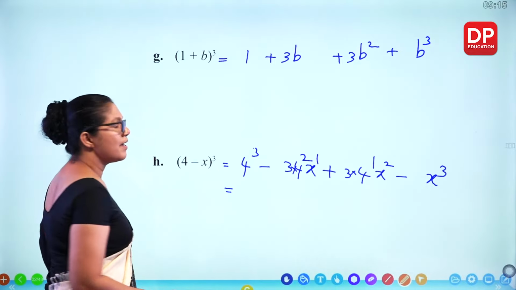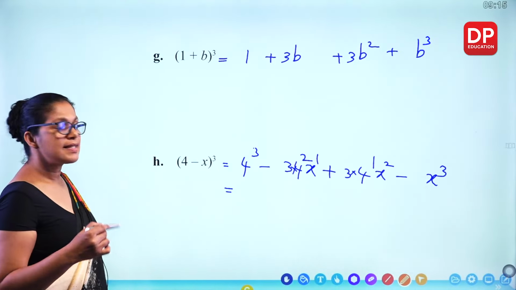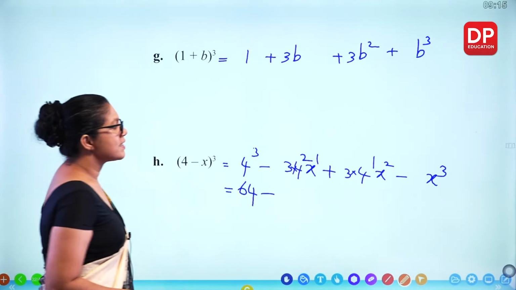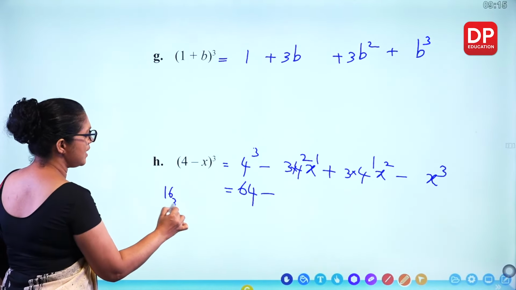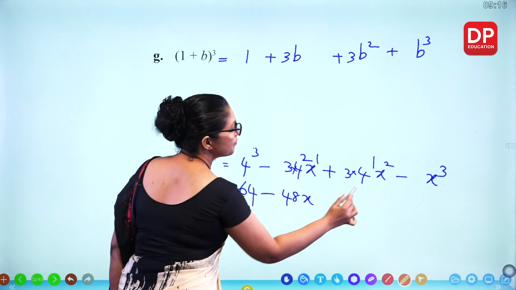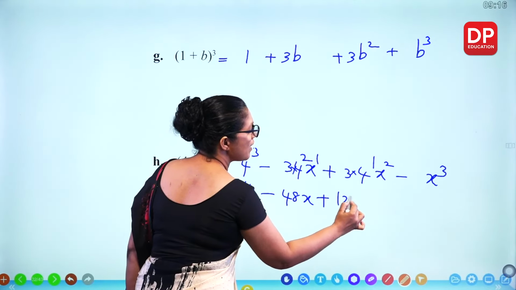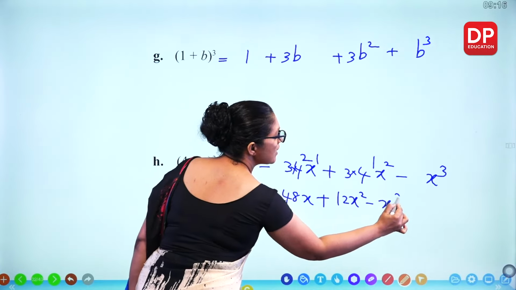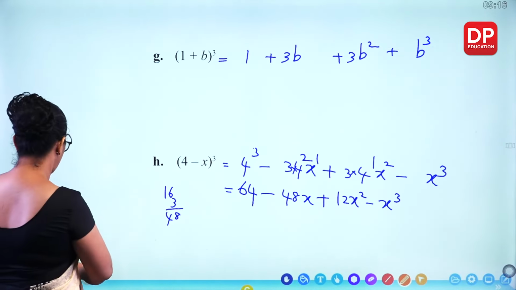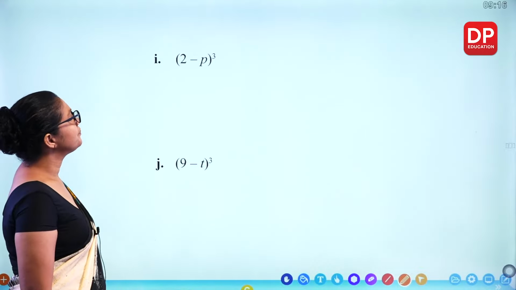When you simplify, 4 times 4, 16. 16 times 4, 64. 4 times 4, 16. 16 times 3, 48. 3 times 4, 12. And you get the last term, x cube.